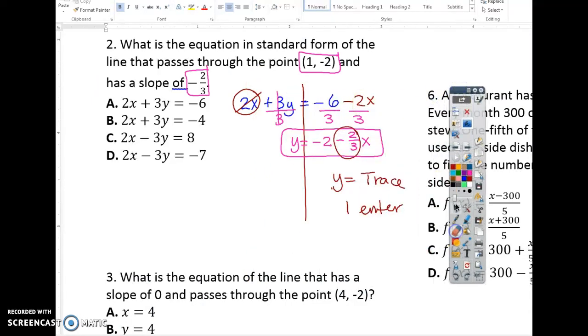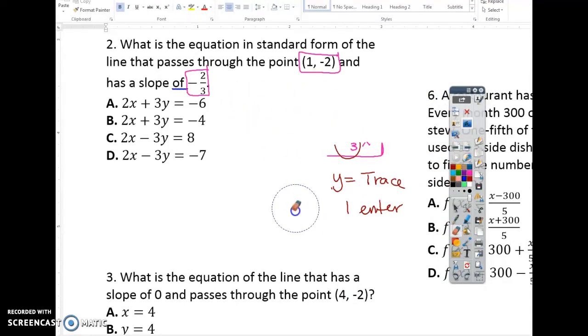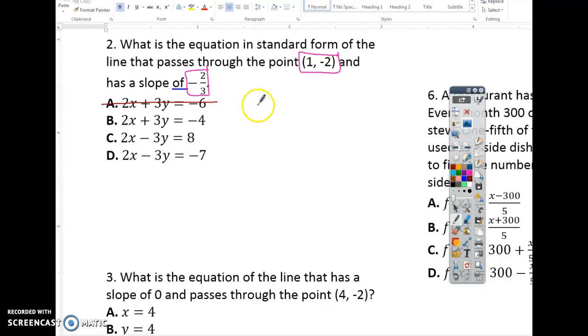Letter B. I'm just going to erase it here, but you guys have space on your other paper. So it's not A. B, 2x plus 3y equals negative 4. Draw the line. What do you move first? 2x. Change the sign.